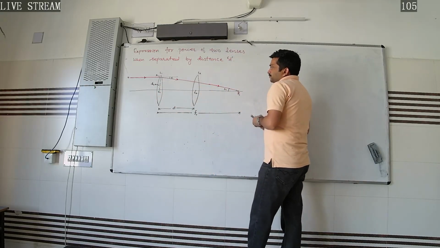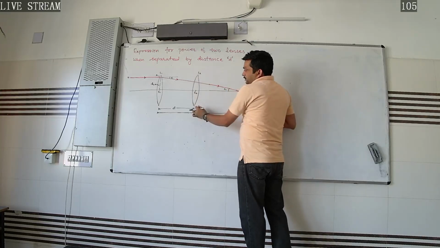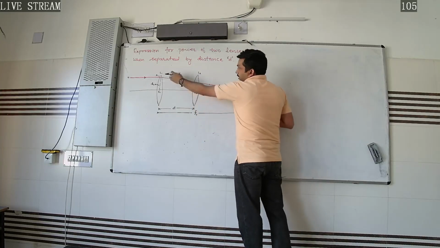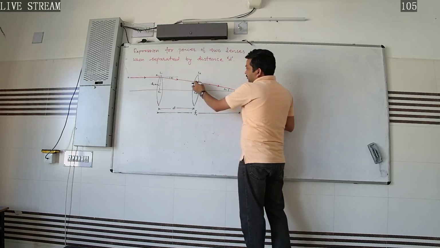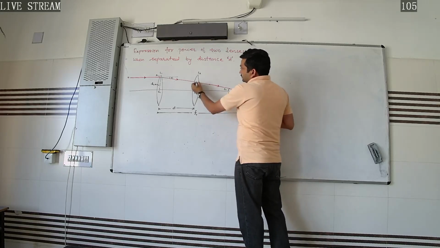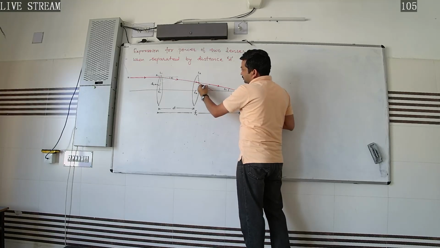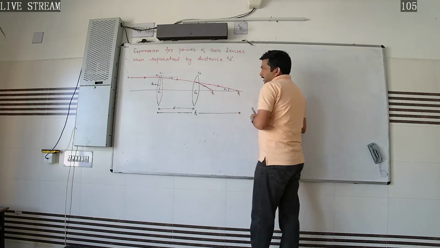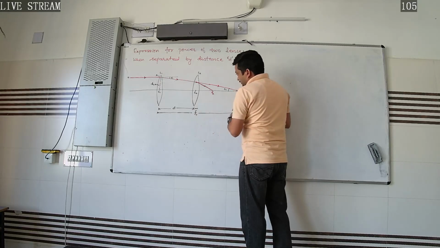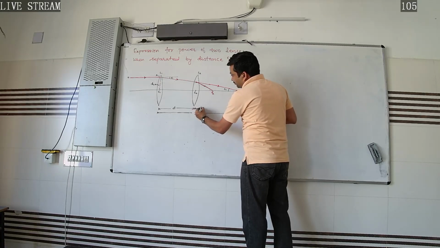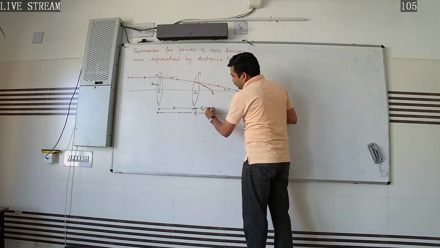Now what would happen if this lens L2 is placed at a distance d from lens L1? Then this ray of light will again suffer refraction, and instead of focusing here, after suffering refraction, let us consider it gets focused by the lens L2 at its principal focus denoted by F2, such that this distance from the optical center C2 to F2 is denoted by small f2.